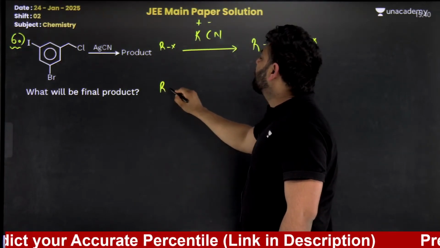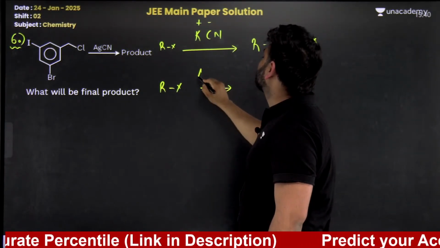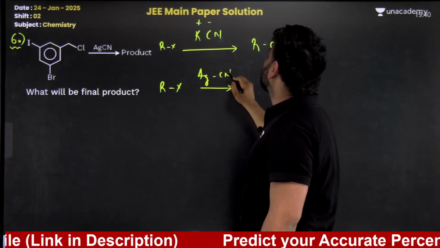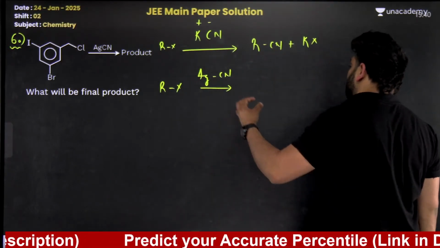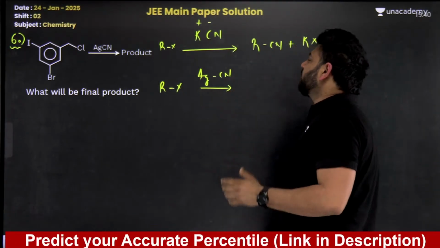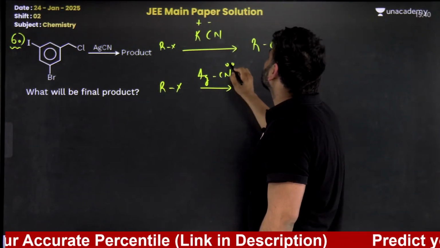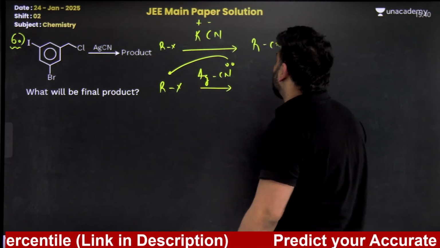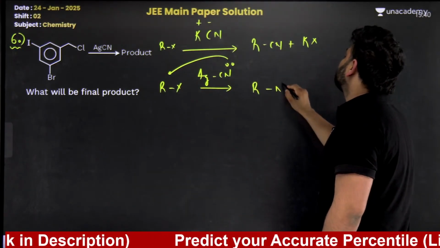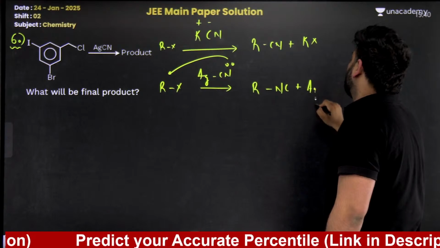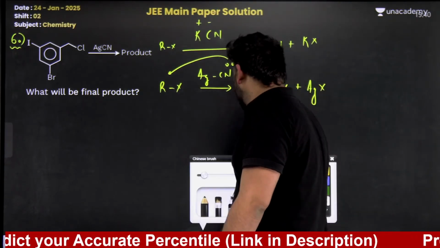But if the same reaction we carry out in the presence of silver cyanide, which has a carbon-silver covalent bond that doesn't easily break in water, then nitrogen attacks over there. And nitrogen attacks, that's why it forms RNC plus AgX.